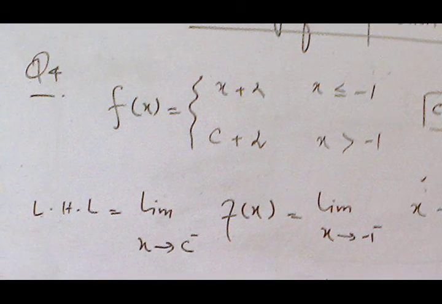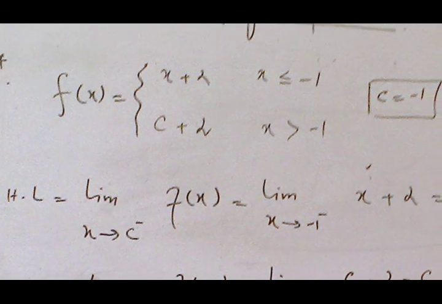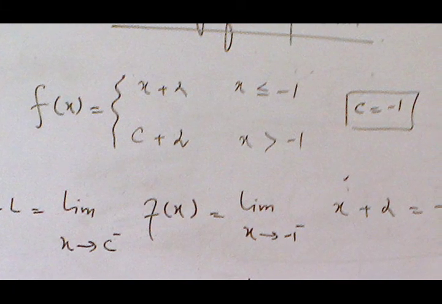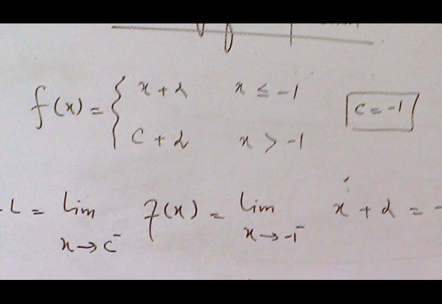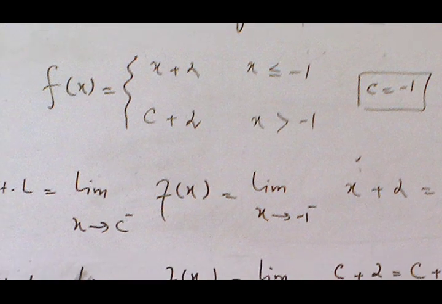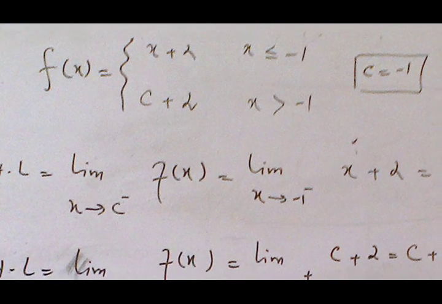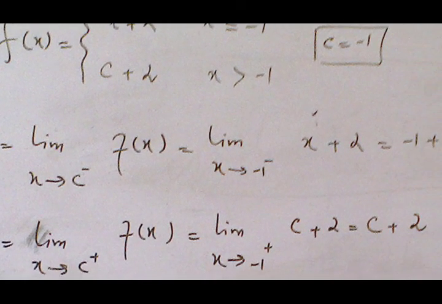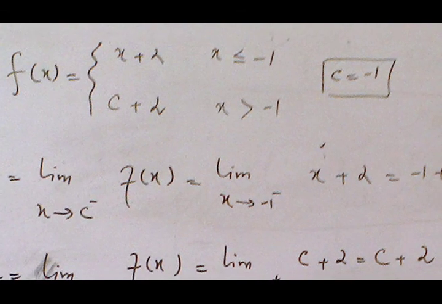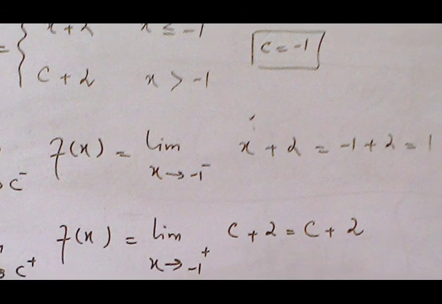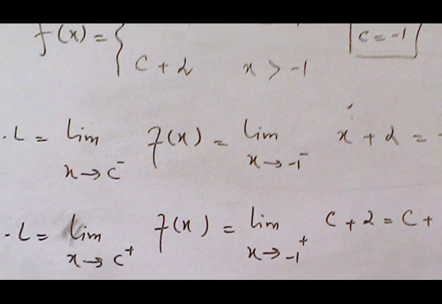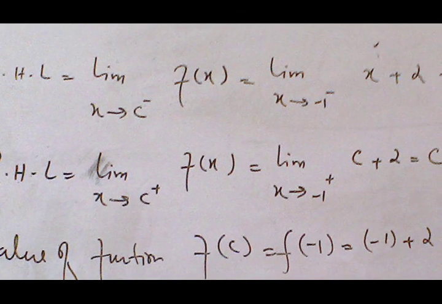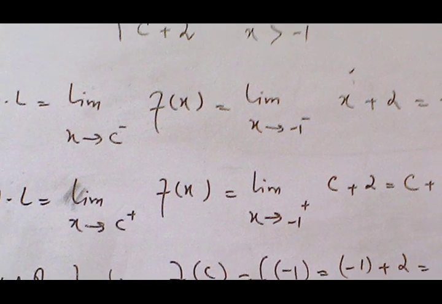Now we have a function, the limit is -1. For x less than or equal to -1 we have the value x plus 2, and for x greater than -1 we have the value c plus 2. For the left-hand limit, the value x plus 2, its answer is 1. For the right-hand limit, we have the value c plus 2.